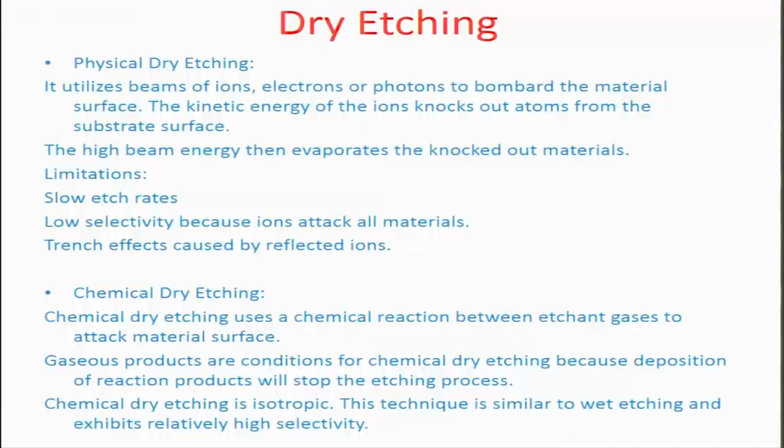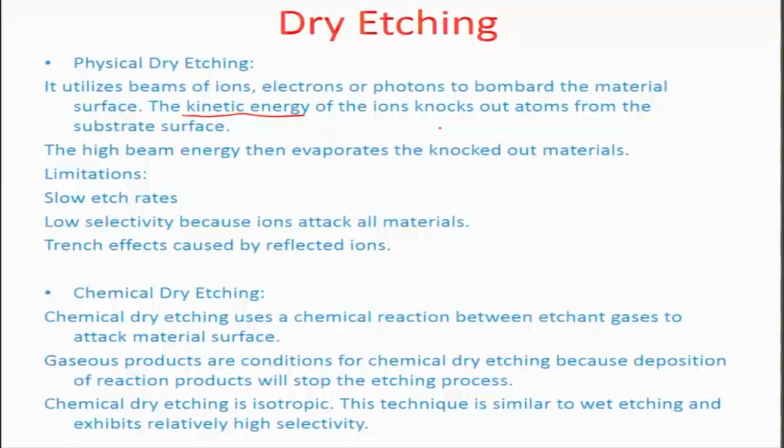So, essentially what happens in these physical dry etching processes is that there is a lot of kinetic energy which impacts the surface, because of which there is a transfer of energy to the base material, and a knocking off of the atoms on the surface of the base material, which can be otherwise known as etching.